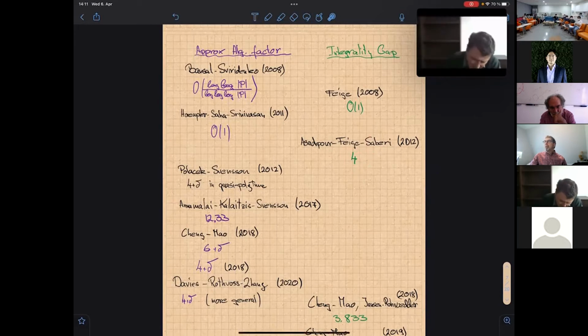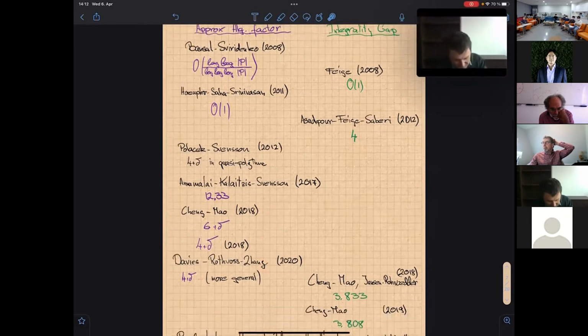The algorithm in Haxell's paper is really non-polynomial, but people went into this proof and changed it, and then based on this, the factor went down slowly, first to quasi-polynomial time, and then slowly down to the current best, which is 4 plus delta, right?